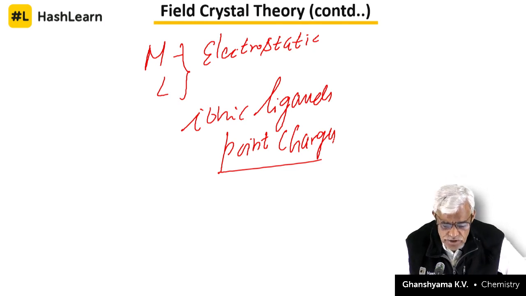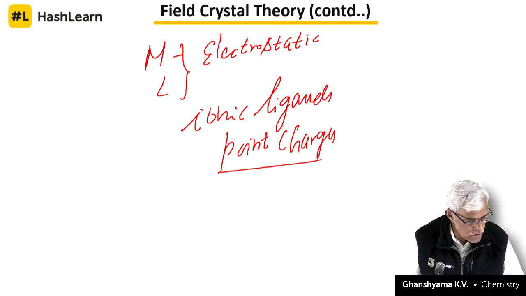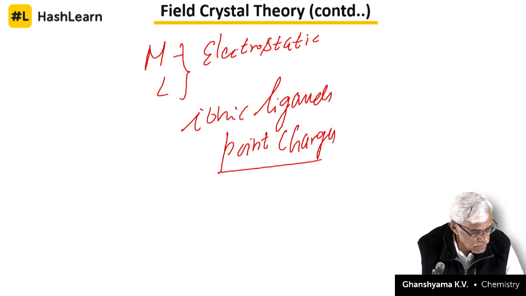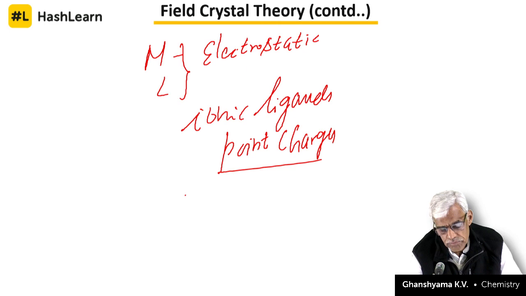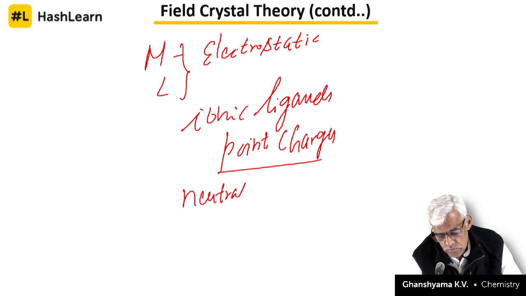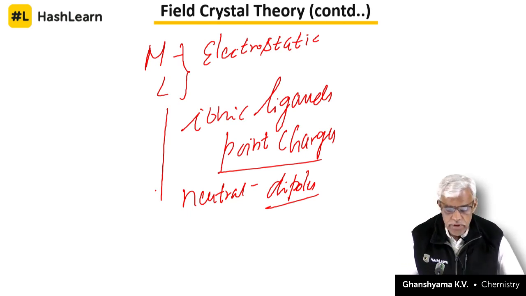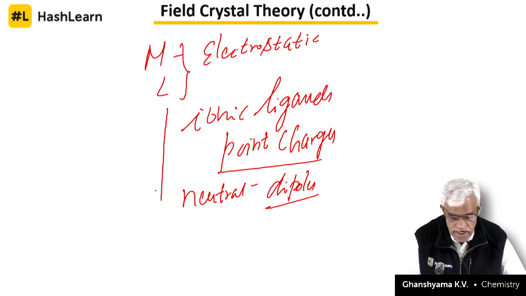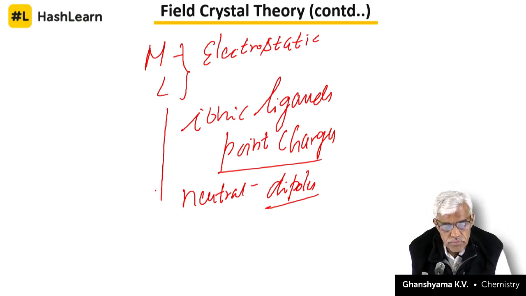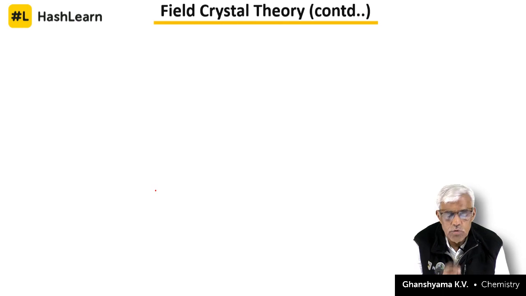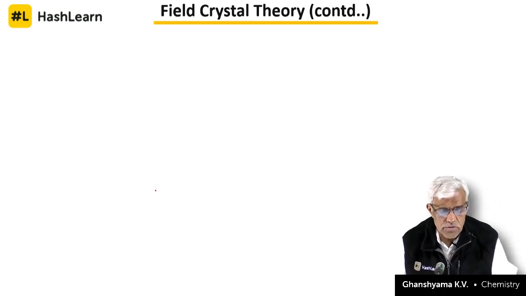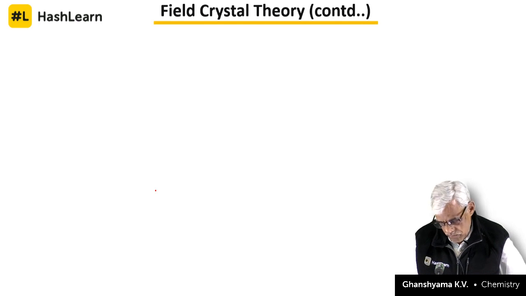The ionic ligands are considered as point charges, whereas the neutral ligands behave like dipoles. Two things to be remembered. Ionic ligands behave like point charges, whereas neutral ones behave like dipoles. Yes, with this we shall go to more details of the crystal field theory.